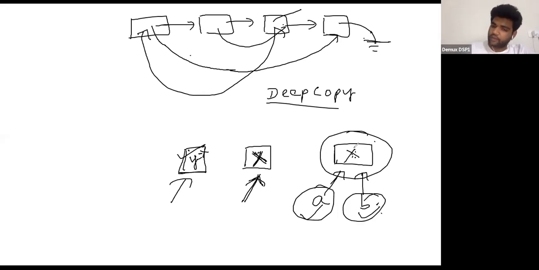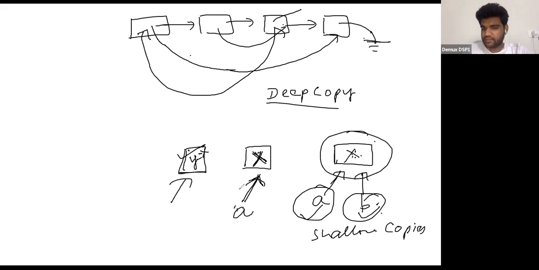So A is a copy of X, B is also a copy of X, but these are all shallow copies of X. Here, if you have A, which is referring to this location in the memory, and you create another copy B, wherein you replicated the location and the value, then this B is a deep copy of A.